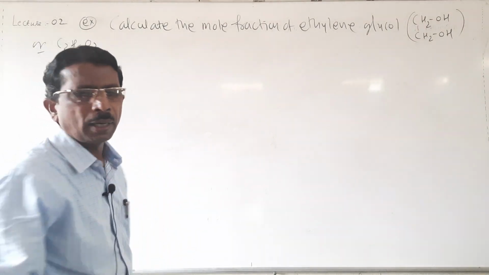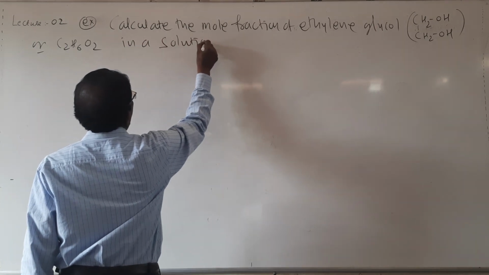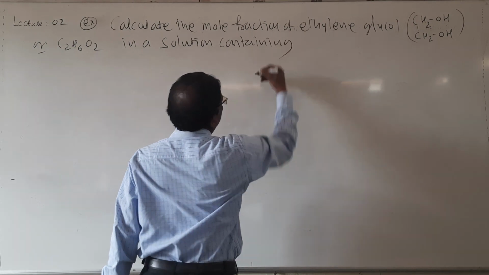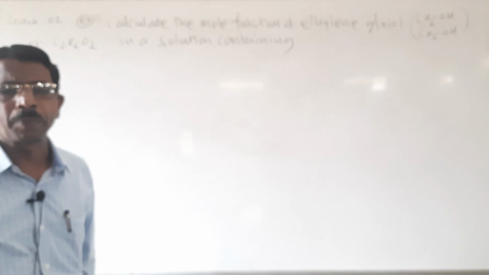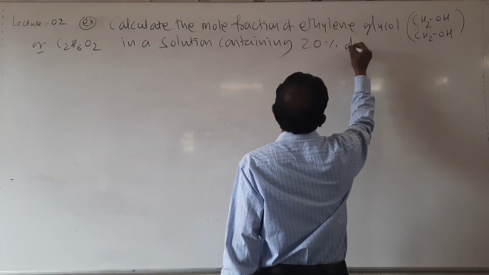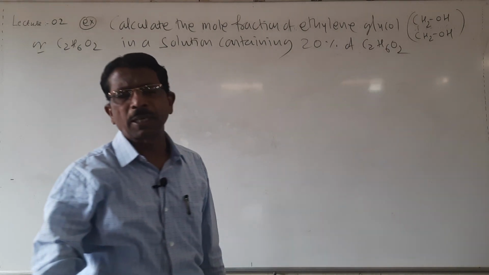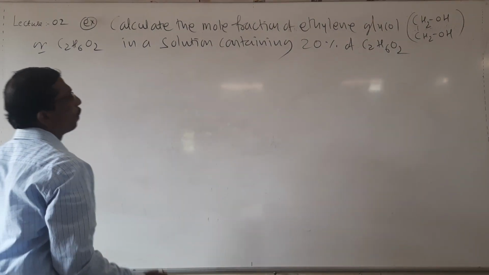Ethylene glycol in a solution containing 20%, you may write 20%, 30%, any value. In a solution containing 20% of C2H6O2 by mass.